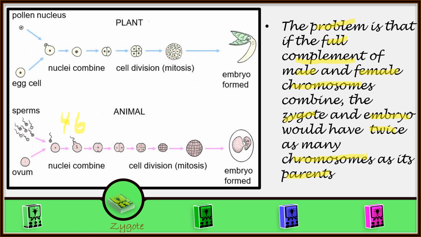If we have 46 chromosomes, and the ovum also comes with 46 chromosomes, the number in the zygote or the embryo is going to double the number of chromosomes of the parents. That is a problem which we are going to see.